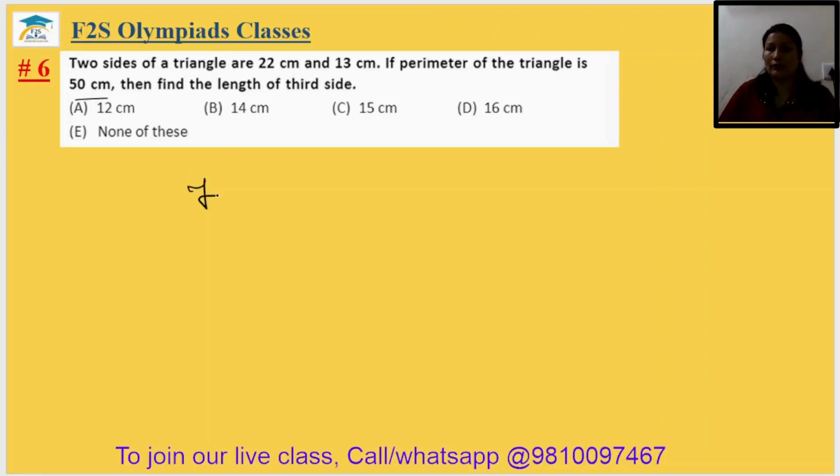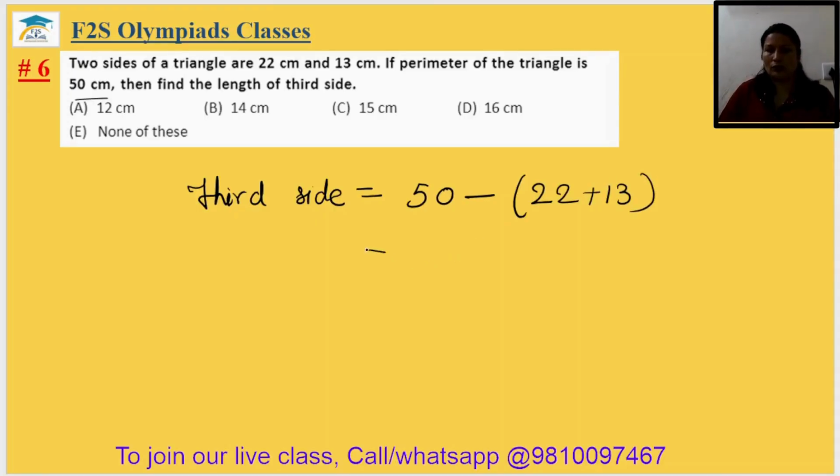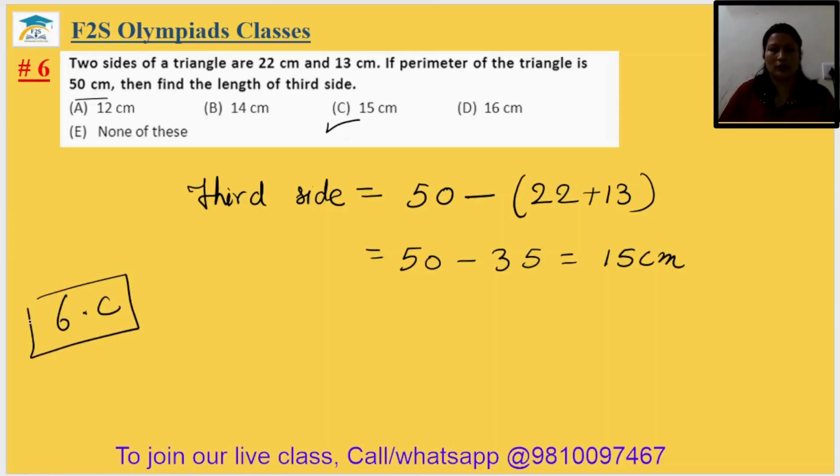So the third side will be equal to the perimeter of the triangle minus the sum of the other two sides, that is your 22 plus 13. So 50 minus 35 equal to 15 centimeter. It is in option C. So sixth answer will be option C.